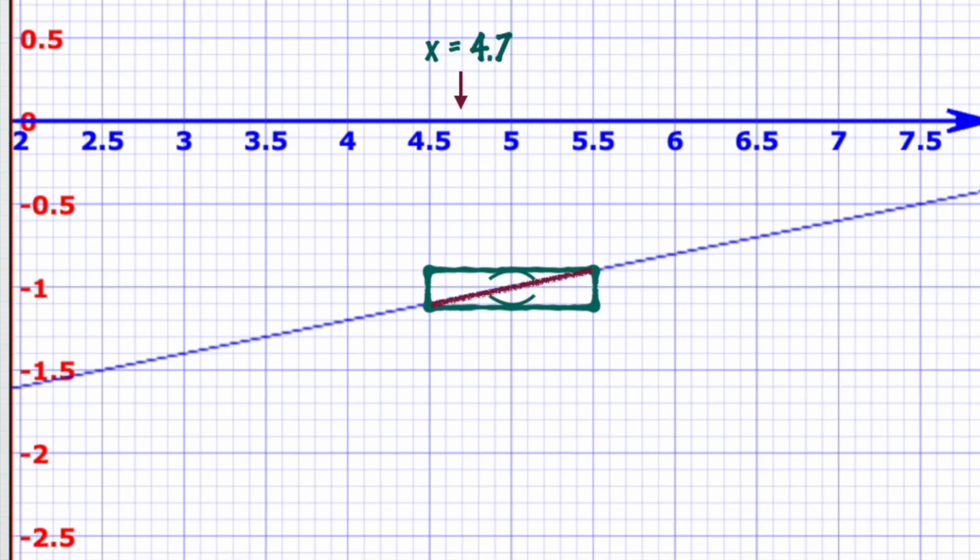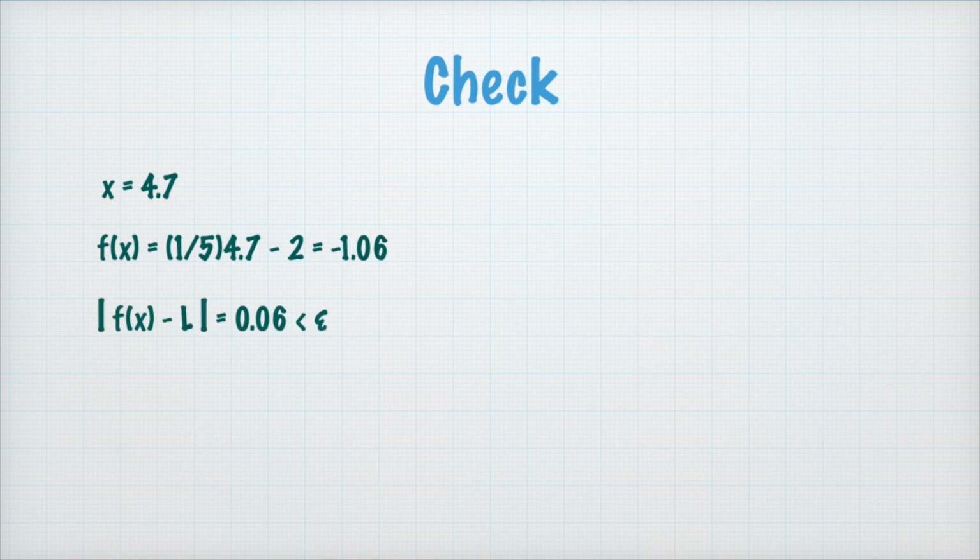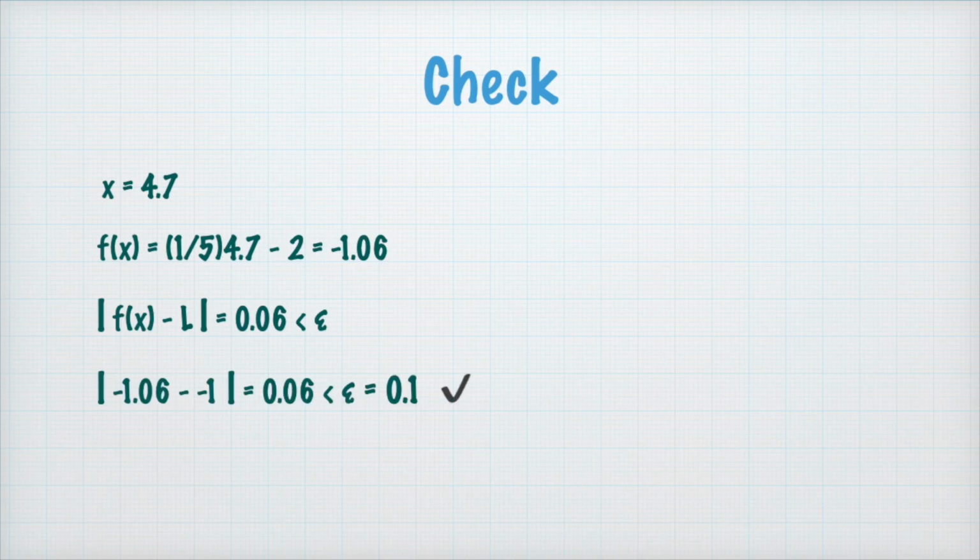Let's choose an x between 4.5 and 5.5. How about 4.7? All right, so if we put 4.7 into the function, we get -1.06. So then the distance between -1.06 and -1 is 0.06, which is less than our epsilon, which was 0.1.